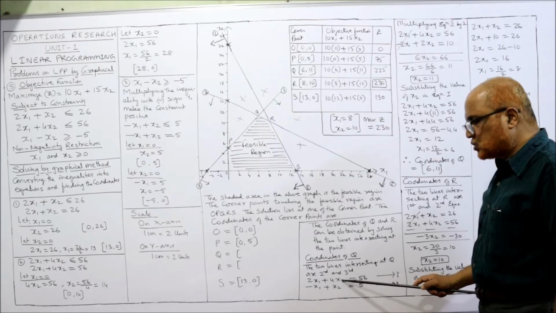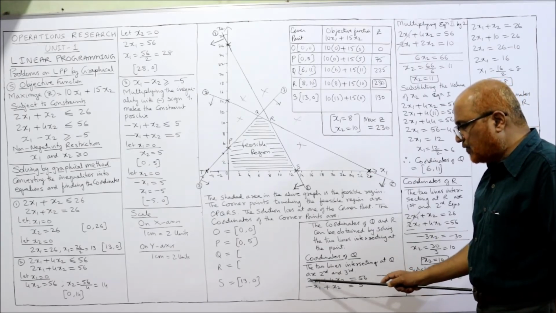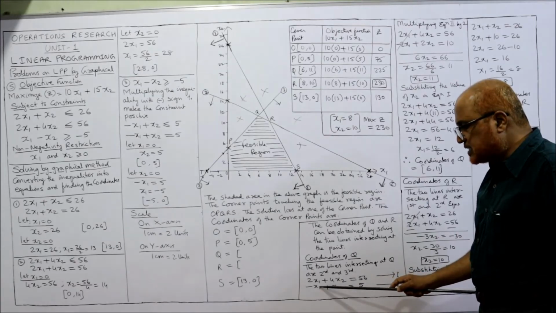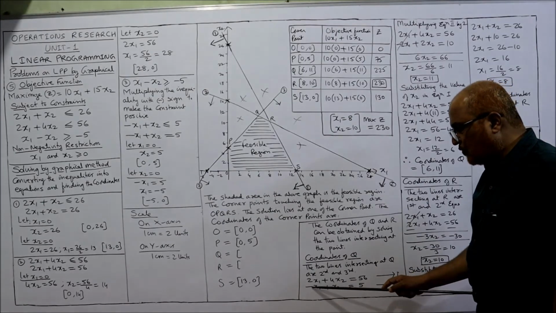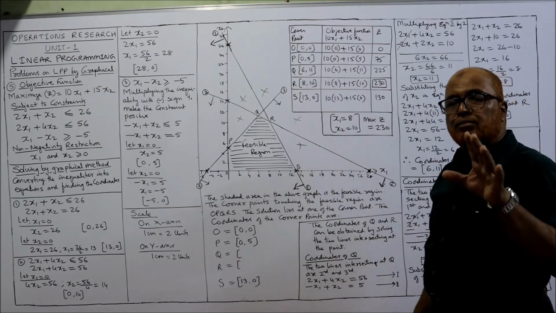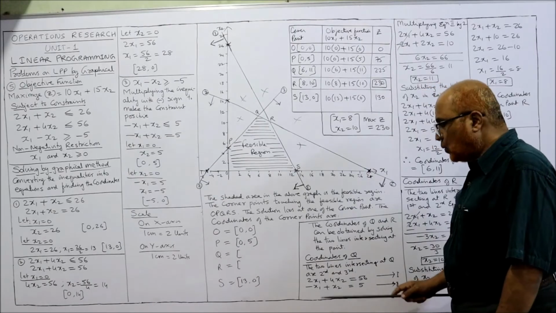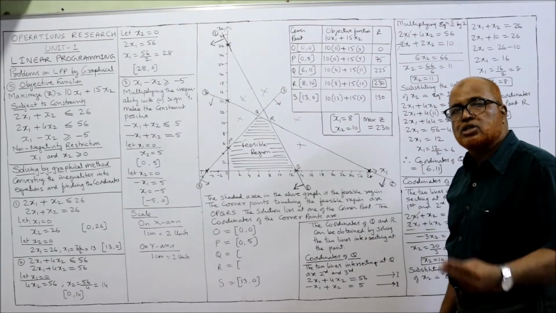Now we have to solve these 2 equations. In the first equation, the coefficient of x1 is 2, but in the second equation the coefficient of x1 is 1. Both the coefficients must be the same, then only we can cancel. So what we'll do? We'll multiply the second equation by 2.